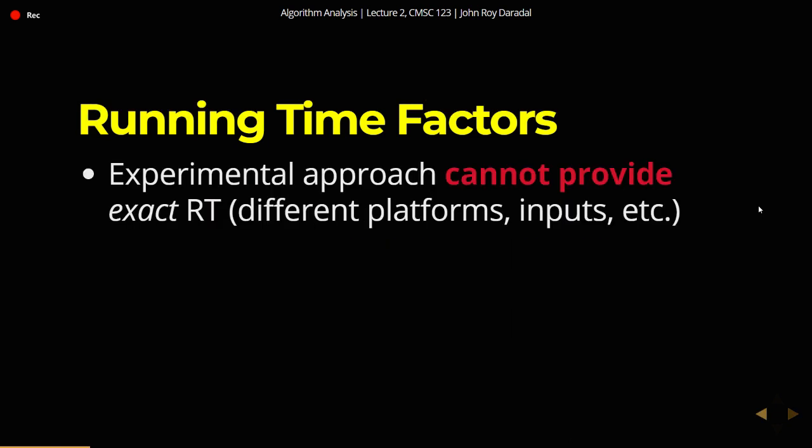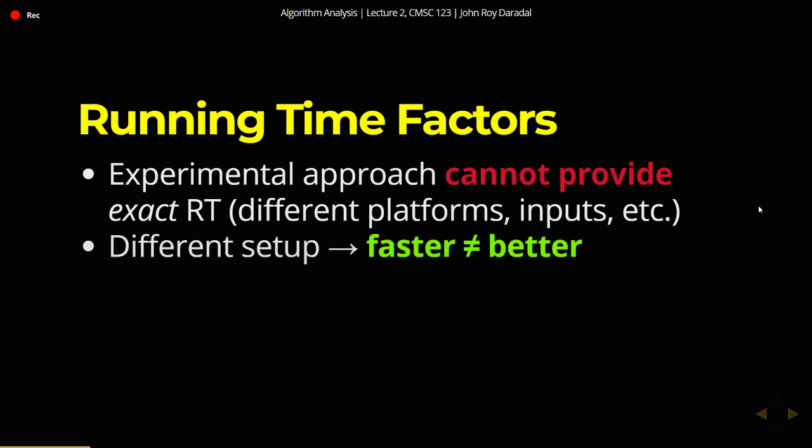Because of this, the experimental approach cannot really provide you an exact running time evaluation for two algorithms because of differences in platforms or inputs and so on. If you use a different setup in hardware or software, one algorithm might run faster, but it's not necessarily better. Why is that?